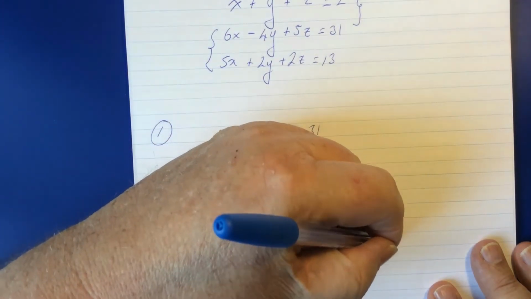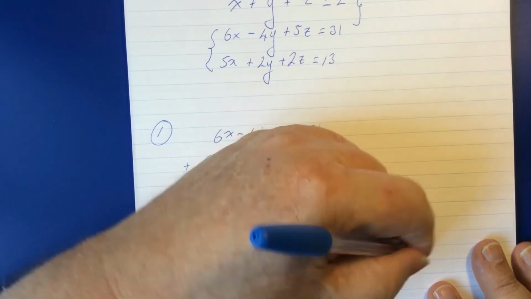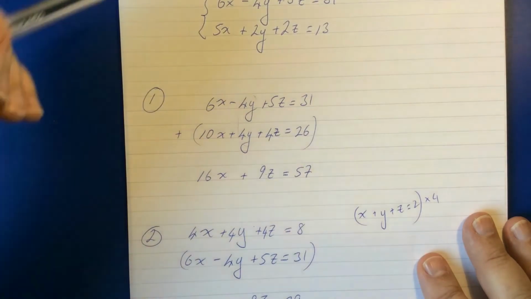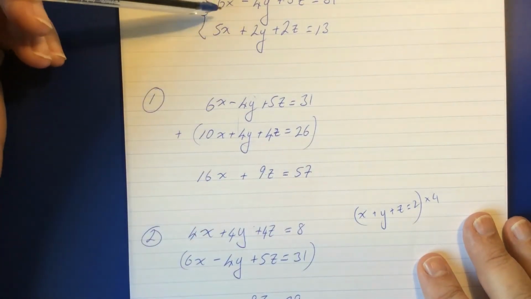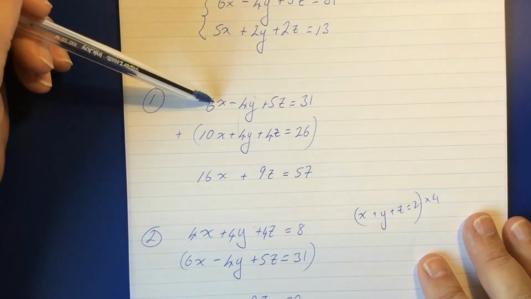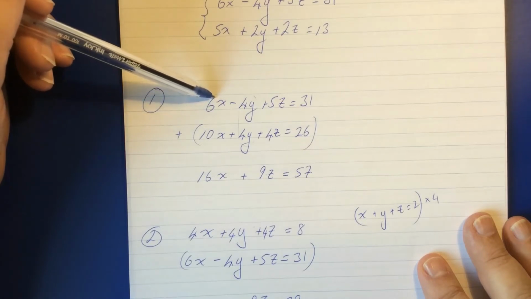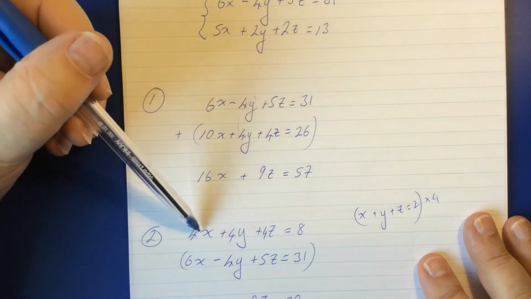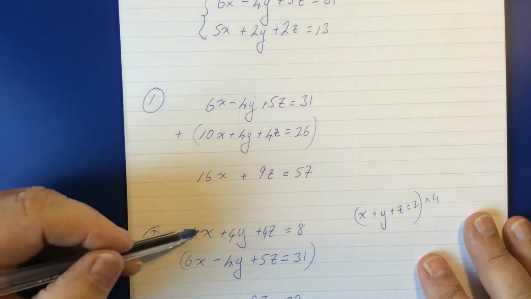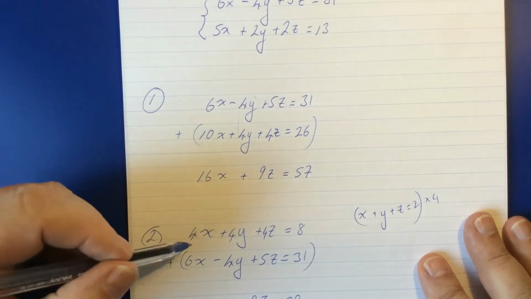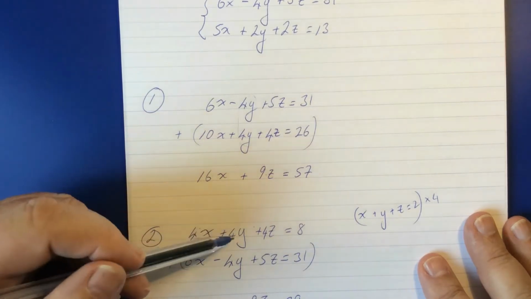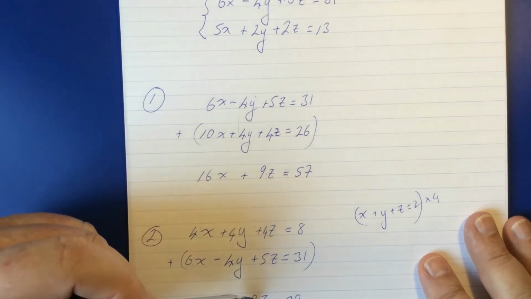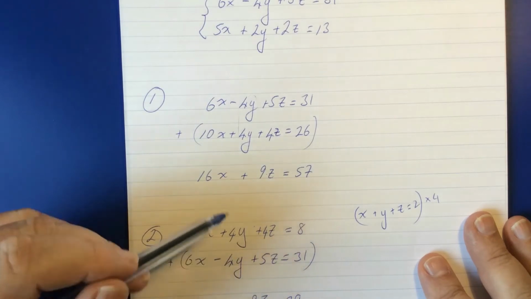That is x plus y plus z equals 2, and I multiplied it by 4. And I took the second equation, which I also used here, and I have a negative 4y in this, and you can see hopefully what's going to happen. I'm going to add these, and 4 and 6 will give me 10. The y's will disappear, and I get 9z here. So 10x plus 9z equals 39.